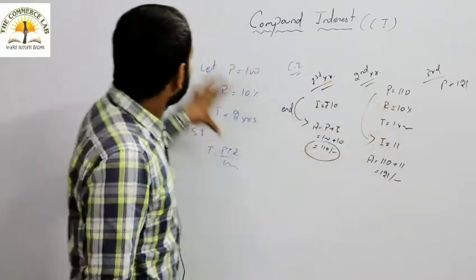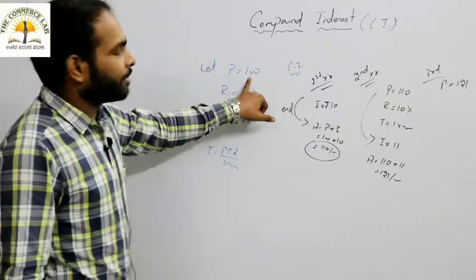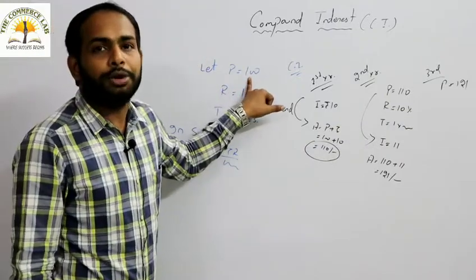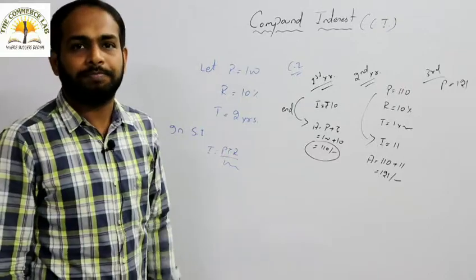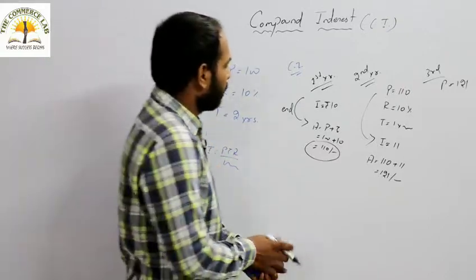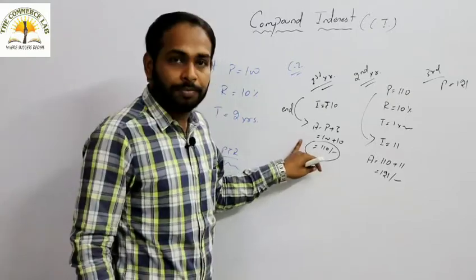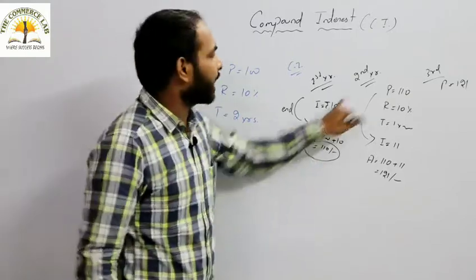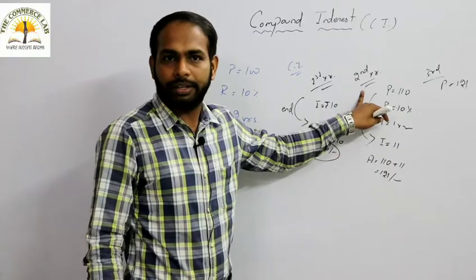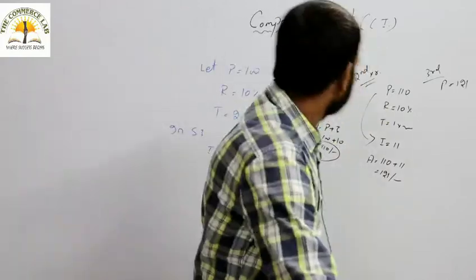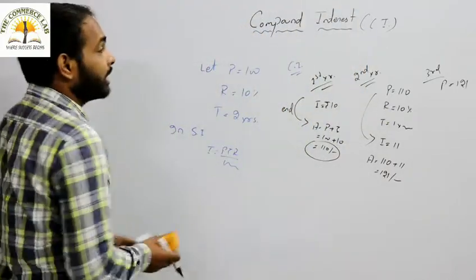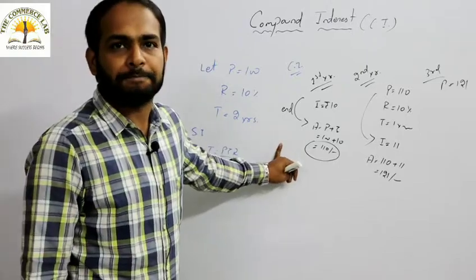But in SI, principal remains the same throughout the period. This is the difference between CI and SI.